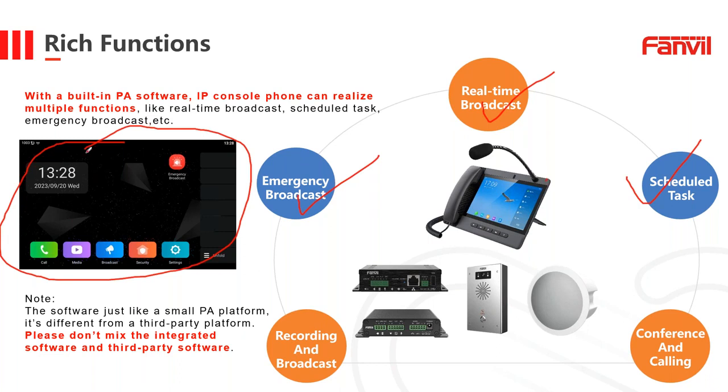And the software is just like a small PA platform, but is different from a third-party one. And we suggest the customer doesn't mix it with third-party software. So when a project is small and the device number is not too many, use the integrated software. This time, the IP console phone can work as a host.